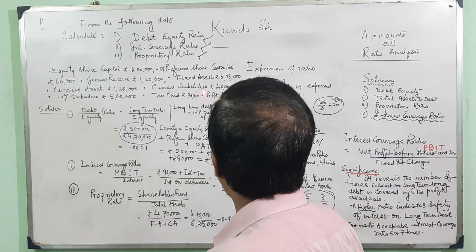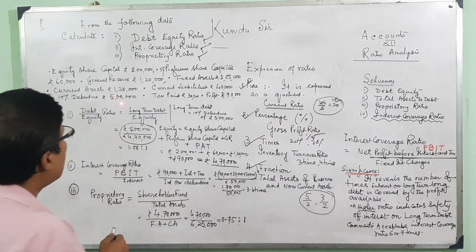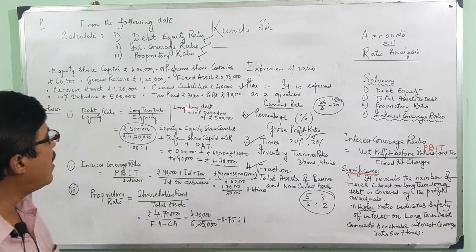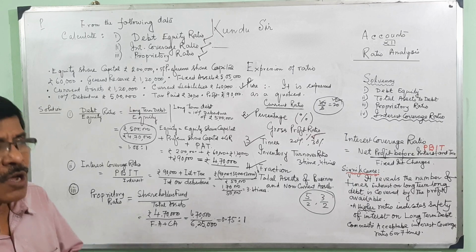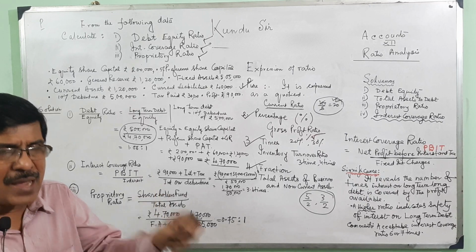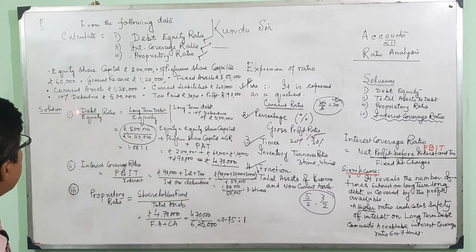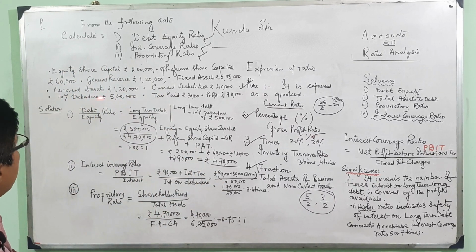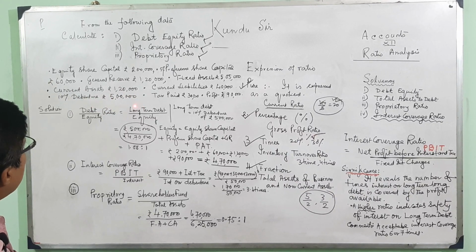Then fixed asset, 5,05,000. Then current asset equal to 1,20,000, then current liabilities equal to 40,000, and 10% debenture. That means on 5 lakh debenture the company is paying interest at the rate of 10%. That means every year the company will pay 50,000 interest on debenture.